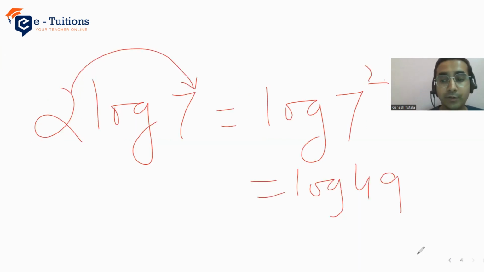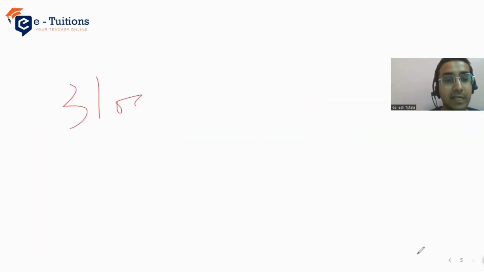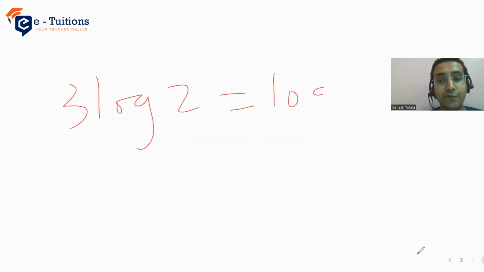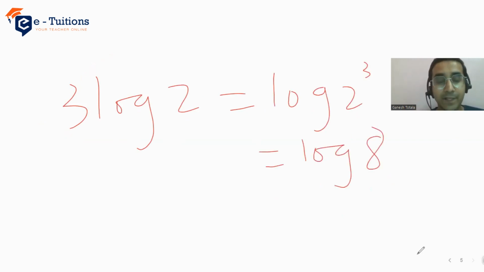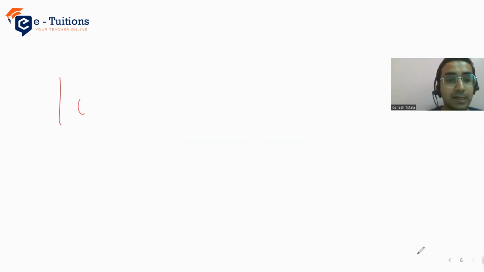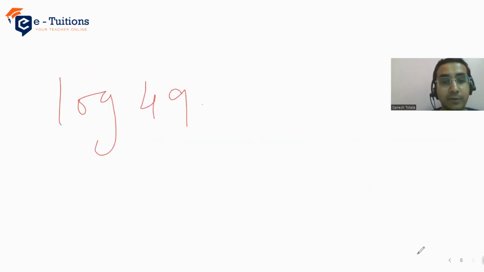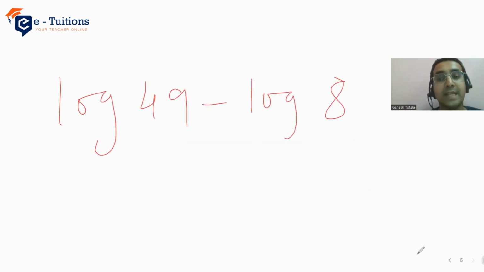And 3 log 2, similarly, we can write down 3 log 2 as log of 2 to the power 3, that is log of 8. So now the given equation has turned into log 49 minus log 8. Now, whenever the base is not given, and so here log is given.